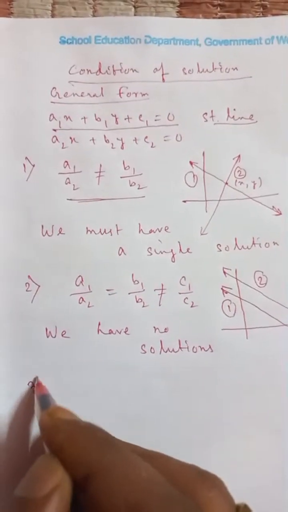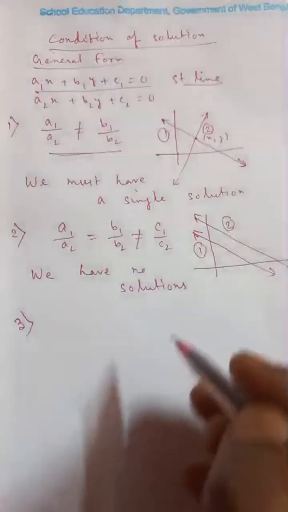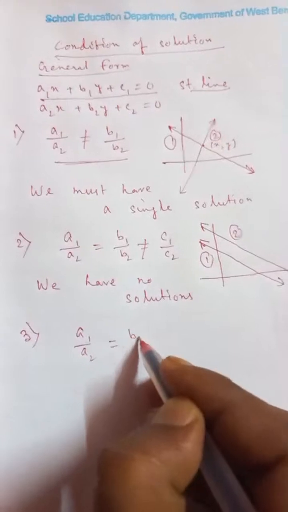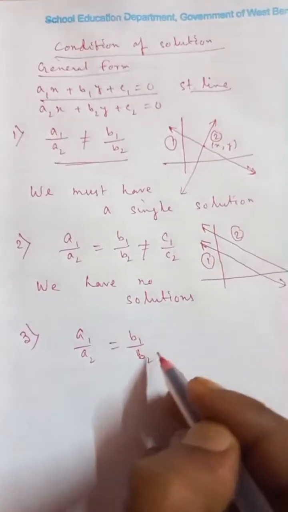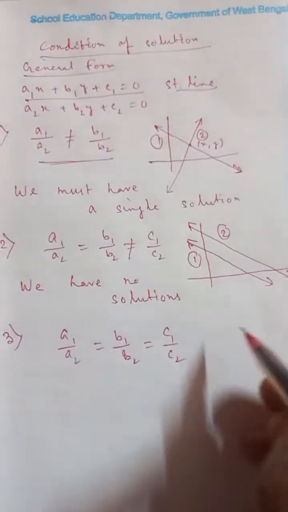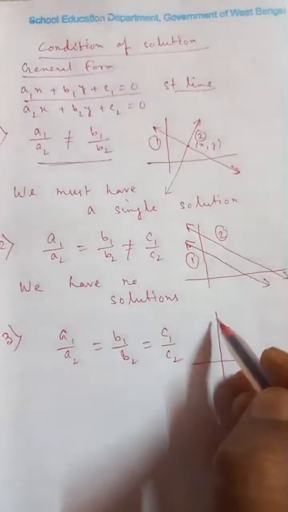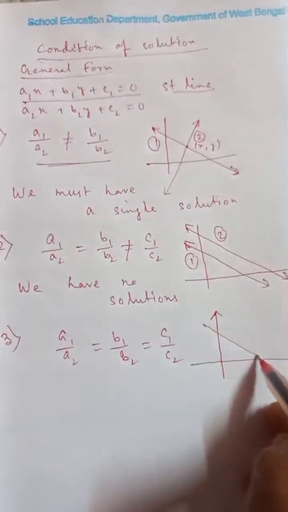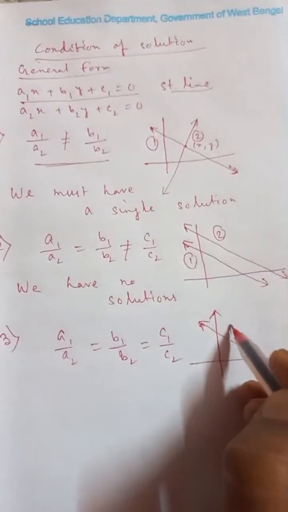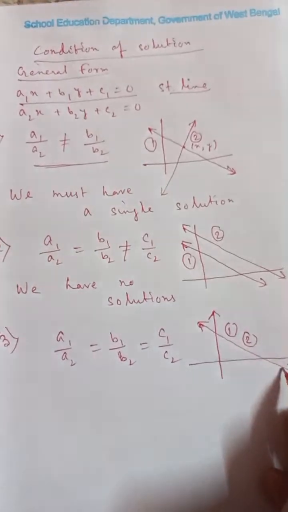And the third condition is that if a1 by a2 equals b1 by b2 equals c1 by c2, then in this case we have a single straight line, meaning one straight line lies on the other straight line. So the number one straight line is the same as the other, represented in the Cartesian plane.